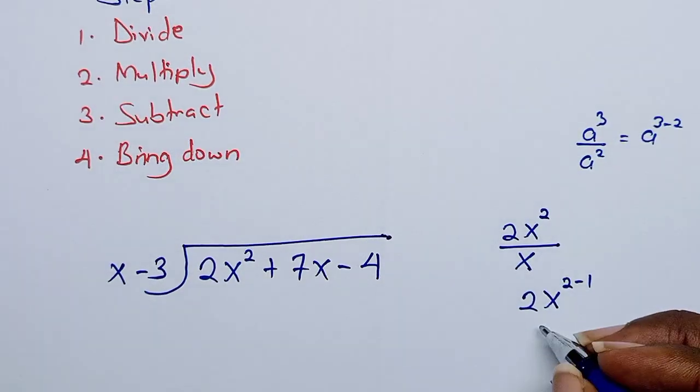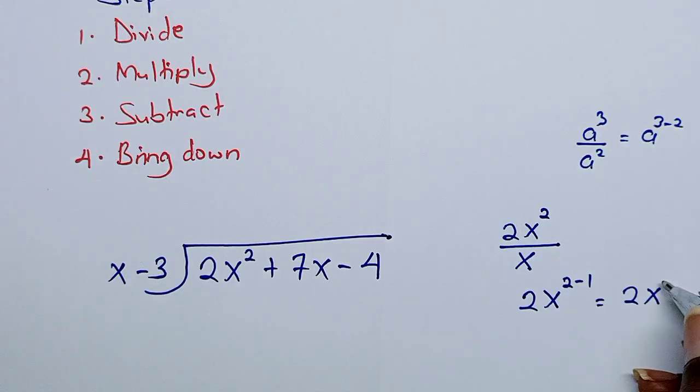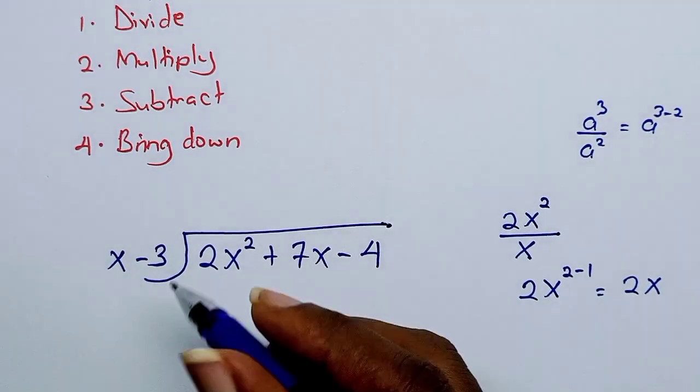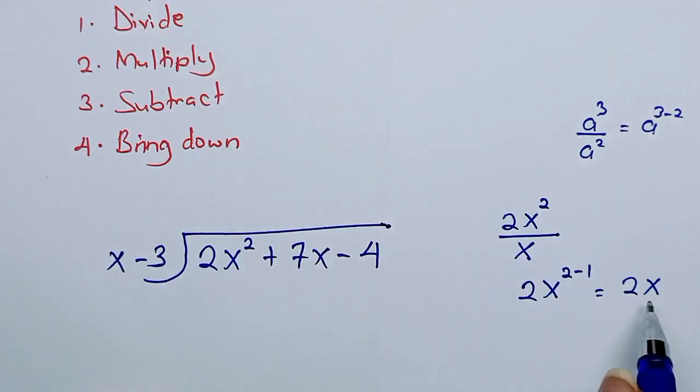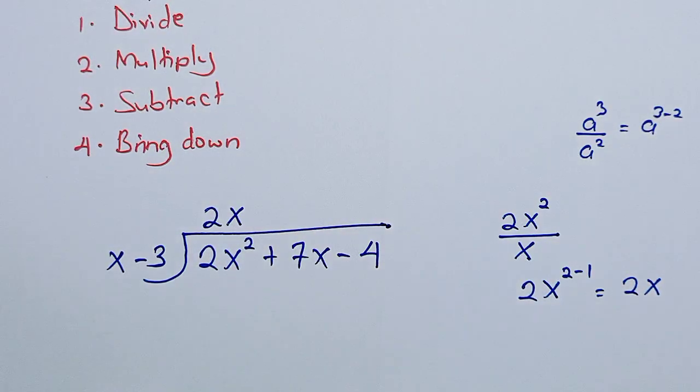So this will be equal to 2x, 2 minus 1 is 1. So 2x power 1, which is the same as 2x. So the answer 2x, you put it up here. So we finished dividing.